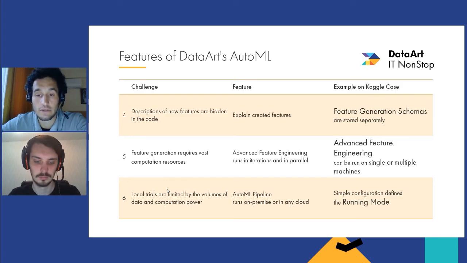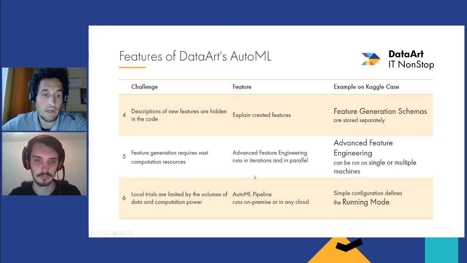And advanced feature engineering can be run on a single machine or on a cluster of multiple machines. And we've added a simple configuration in a file, just one property in the configuration file, that allows running the same pipeline on a local machine or in a cluster, in the cloud, or on premise.